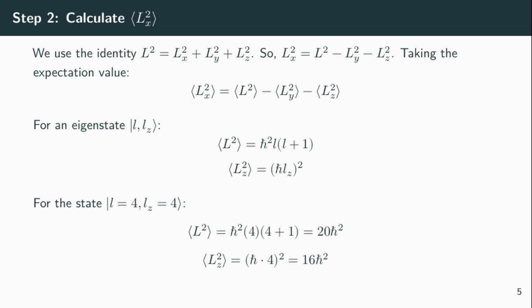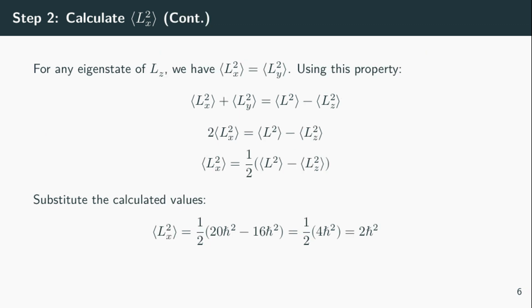For an eigenstate of L squared and Lz, we know the expectation values of L squared and Lz squared are given by standard formulas based on the quantum numbers L and Lz. For our specific state, where L equals 4 and Lz equals 4, the expectation value of L squared evaluates to 20 h bar squared, and the expectation value of Lz squared is 16 h bar squared.